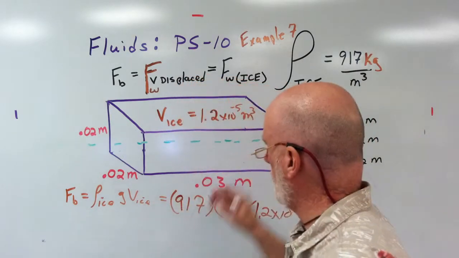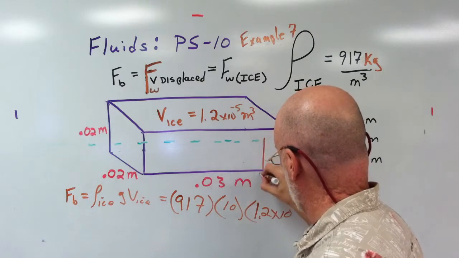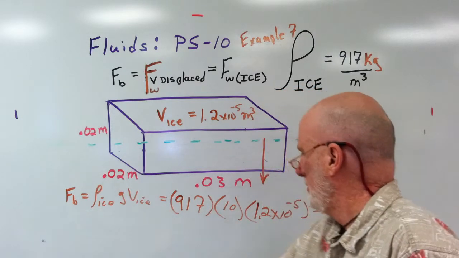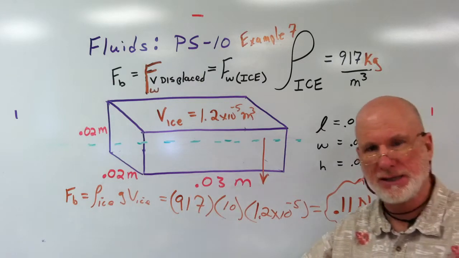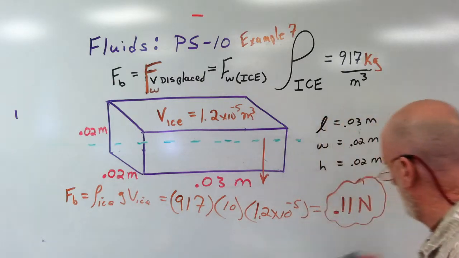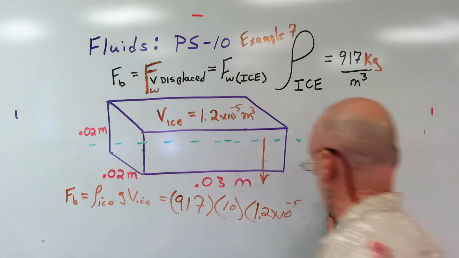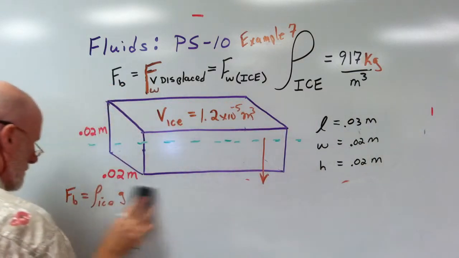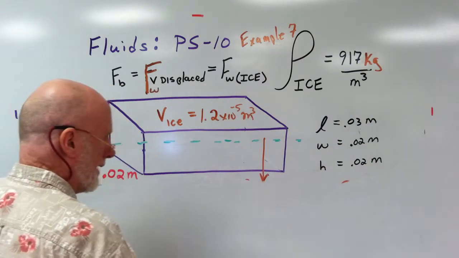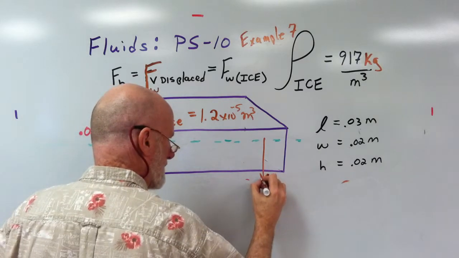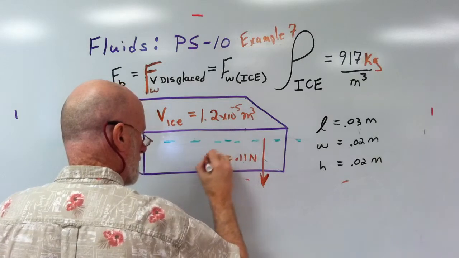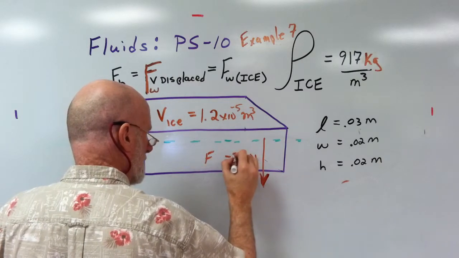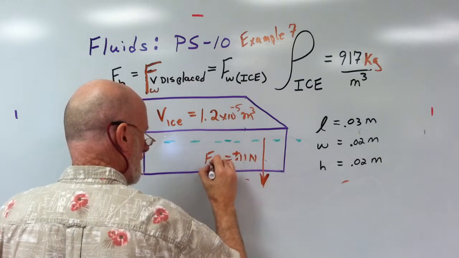Now that's the weight, you got that? This is 0.11 newtons, yes? Therefore, I have the weight of this, 0.11 newtons, which equals the weight, positive, right?